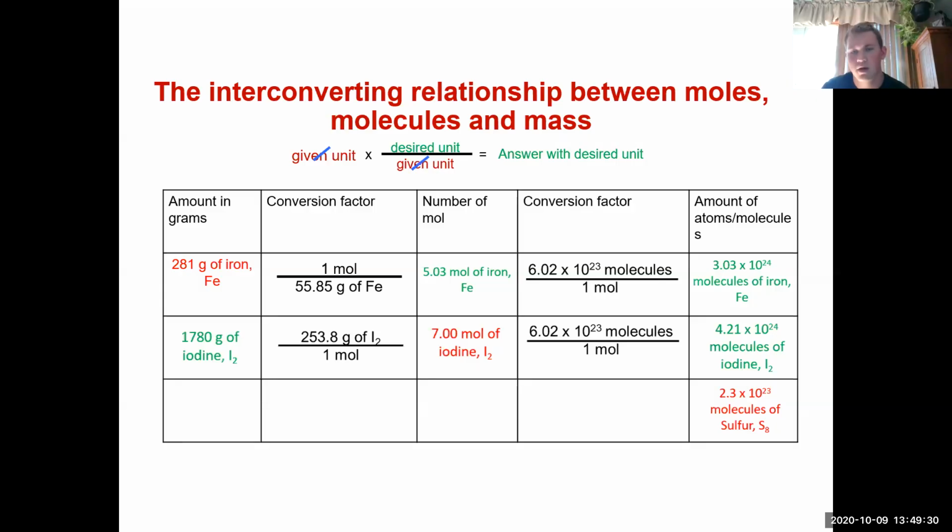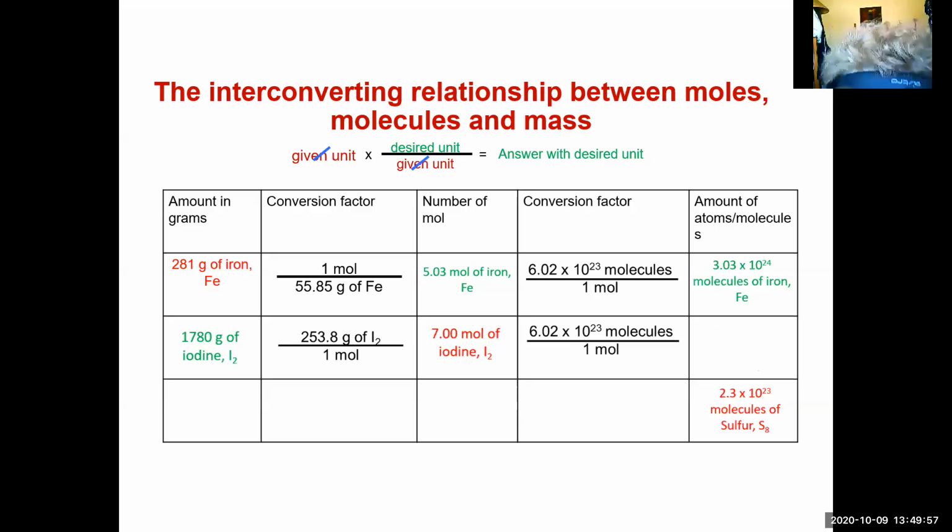You would have to start with Avogadro's number. Fantastic, yes. Avogadro's number talks about the amount of molecules in 1 mole. And how do you set that up? The conversion factor we want is going to be 1 mole over 6.02 times 10 to the 23rd molecules, right? Correct. There you go.